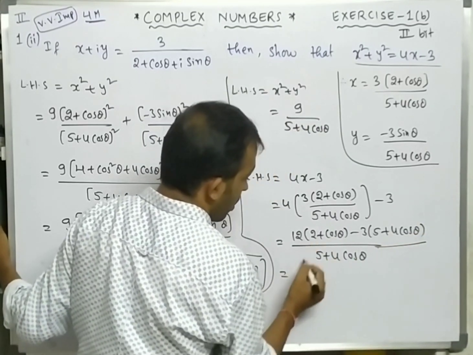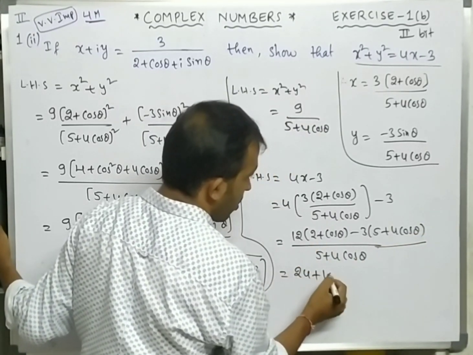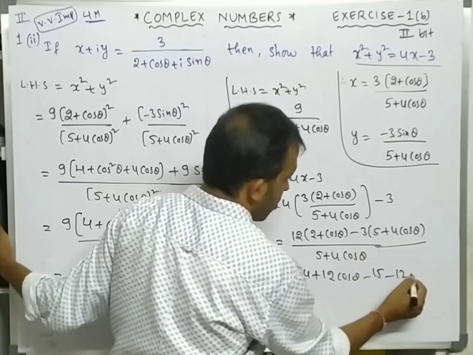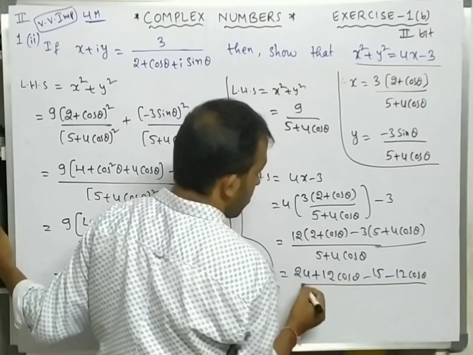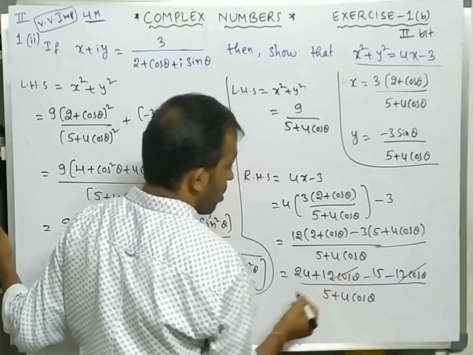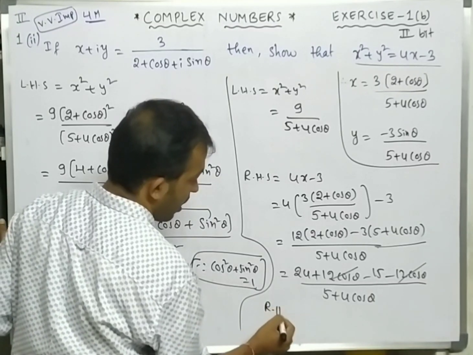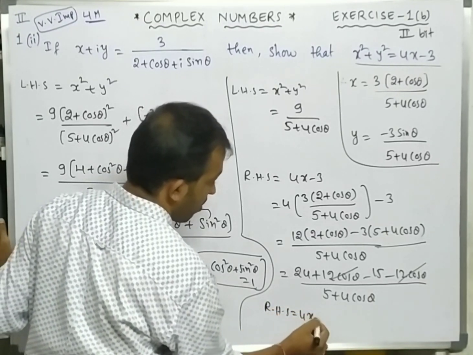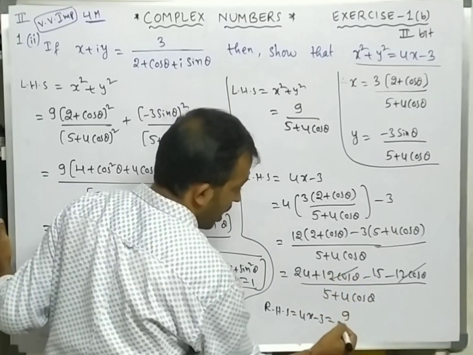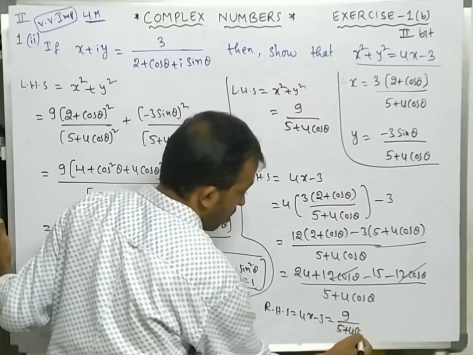Okay, 12 twos are 24 plus 12 cos theta, 3 fives are 15 minus 12 cos theta, by 5 plus 4 cos theta. So 12 cos theta and 12 cos theta cancel. Our right hand side part 4x minus 3 is equal to 24 minus 15, which is 9, by 5 plus 4 cos theta.